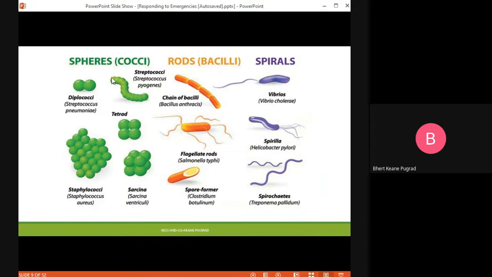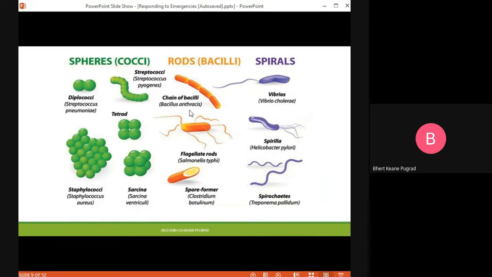So kapag yung mga parang circle shape pero parang train, no? Parang magkakasunod lang sila, parang train yung shape nila. These are your Streptococcus pyogenes. Okay? Kapag apat lang, hindi naman kumpol sila pero konti lang, that's your tetrad. Kapag they are cube shape, they term as your sarcinae, okay, or sarcina, no?